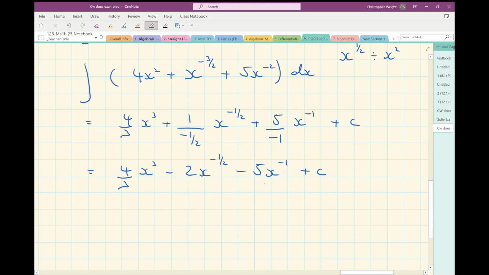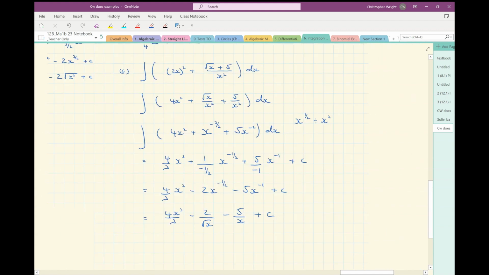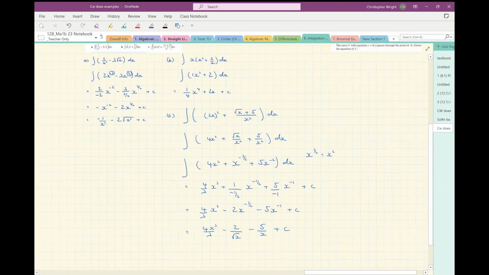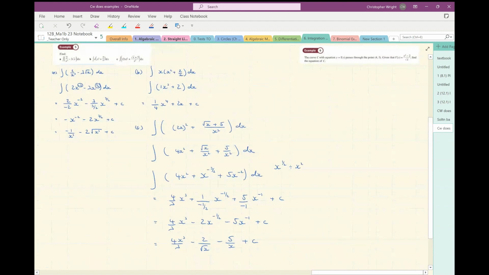Okay, and of course, if you want to, you can write that as 4x cubed over 3 minus 2 over the square root of x minus 5 over x plus c. And that is that example done. And that is example 3, example 5, all complete.